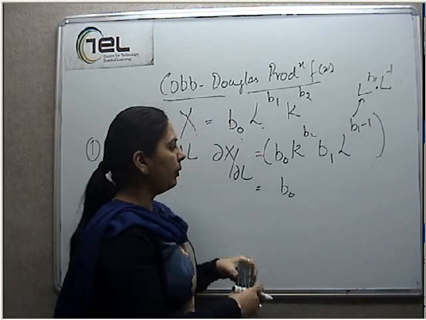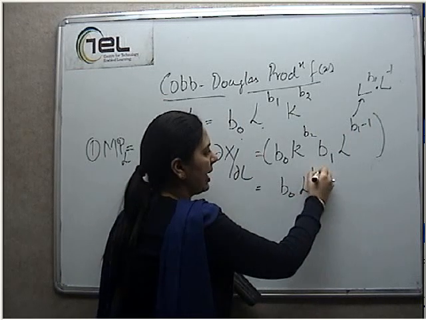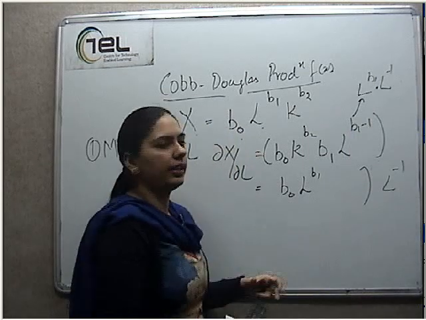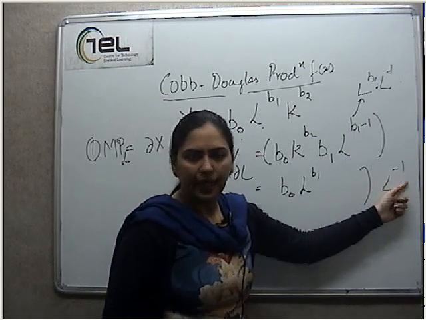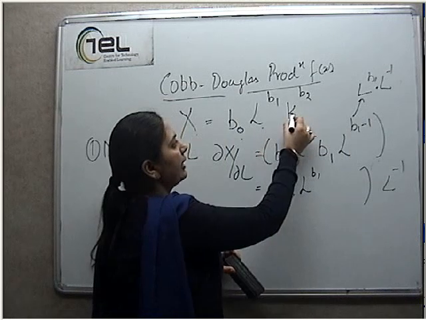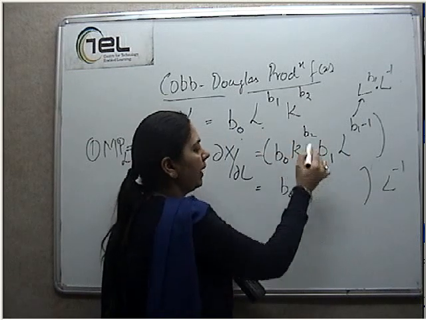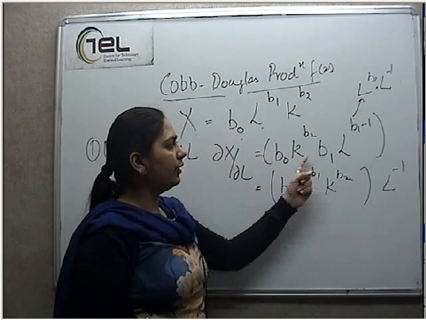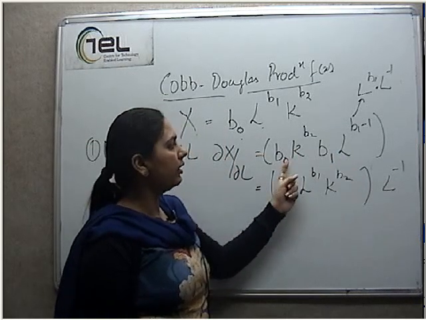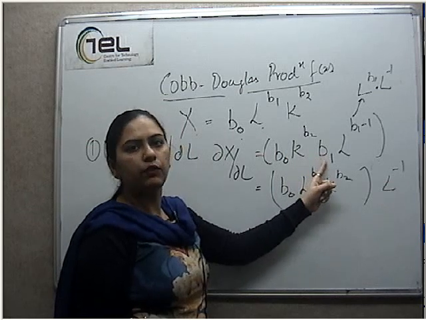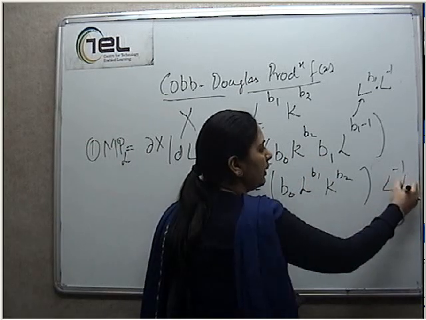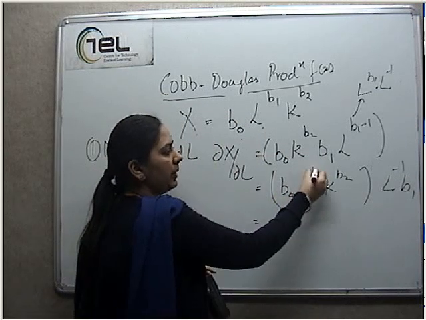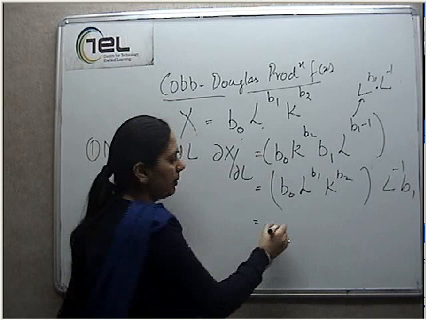Now I will put L to the power B1 separately, and L to the power minus 1 I will take separately out of the brackets. K to the power B2 is also with me. In this differentiated expression I am left with only B1, which we have not used here, so I will put this B1 separately. Now B naught L B1 K B2 is nothing but x.